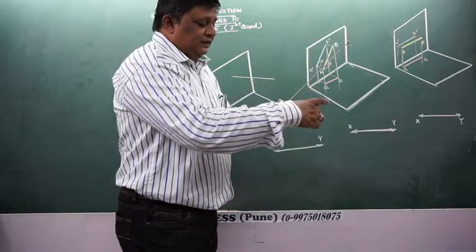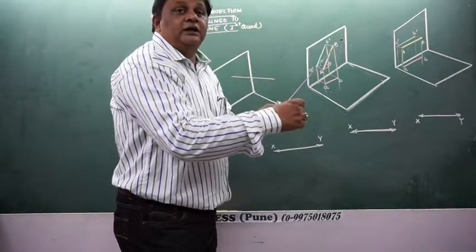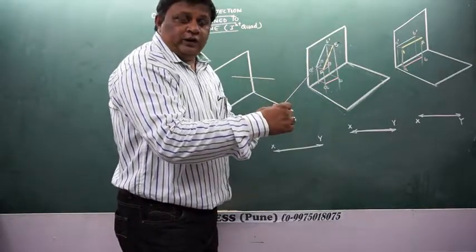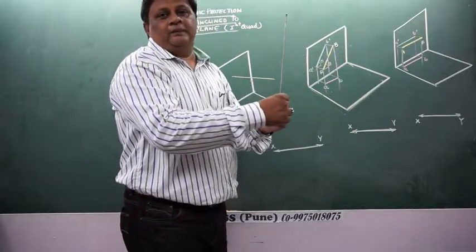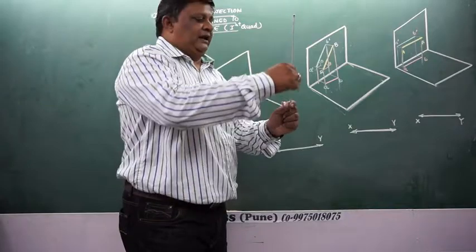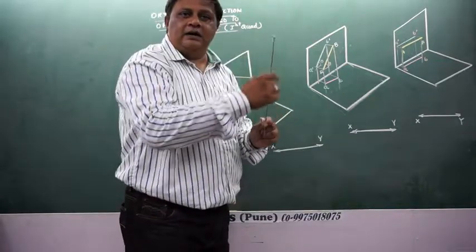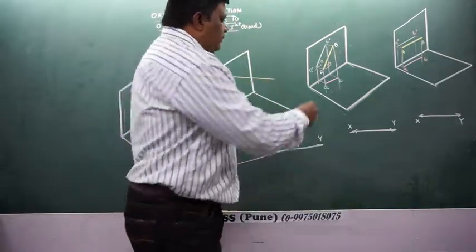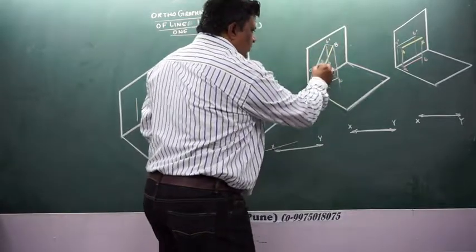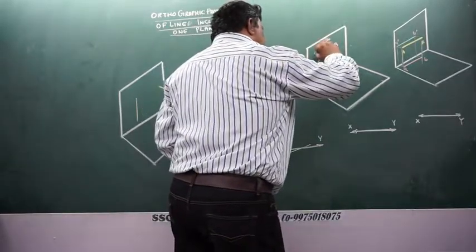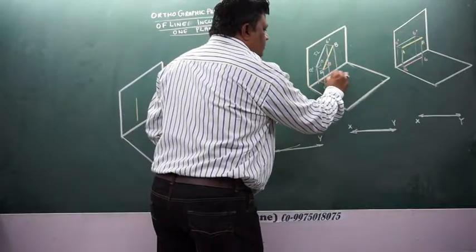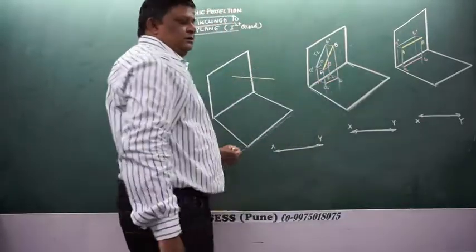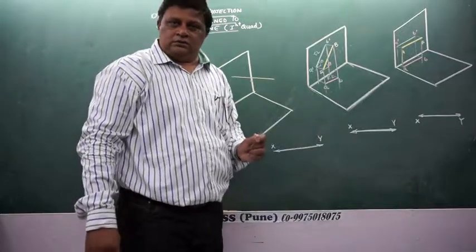Whereas the line is getting shorter and shorter in the top view. More the inclination, shorter the line appears in the top view. And finally, it will appear simply as a point. So this actual length is called true length, whereas this is the reduced length, so I will say reduced length as RL.